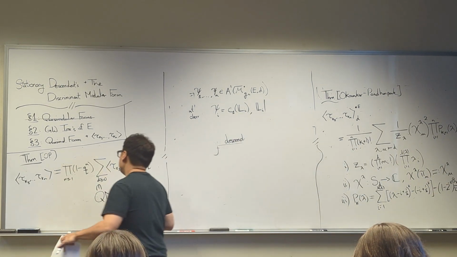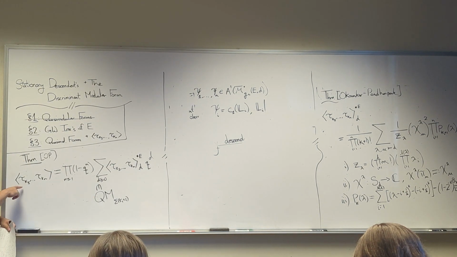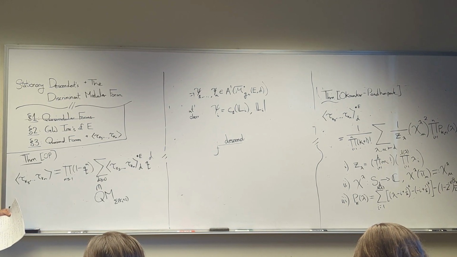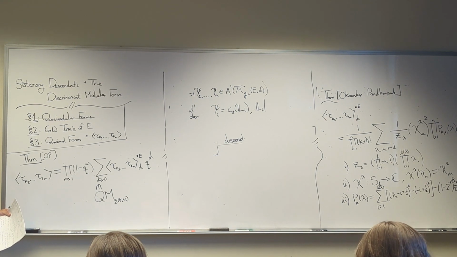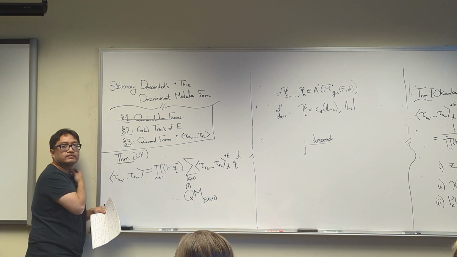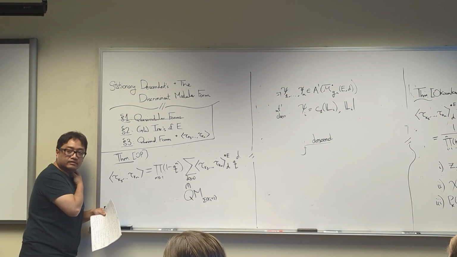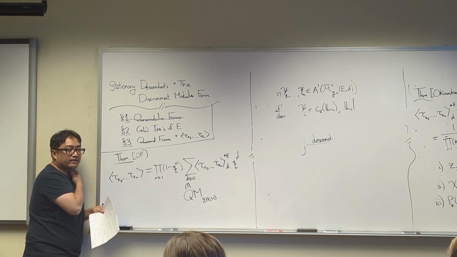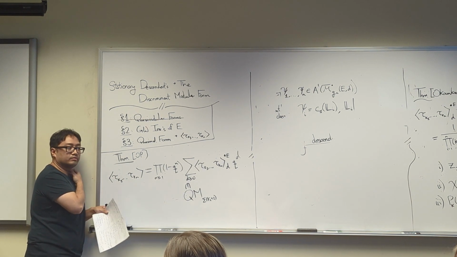If you add up all of those tau k1 through tau kn functions over all possible k1 through kn choices, you get a master generating function called the full descendant potential of the elliptic curve.